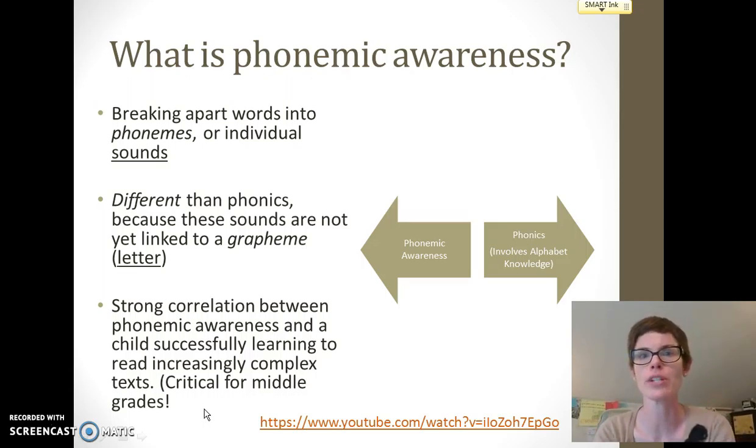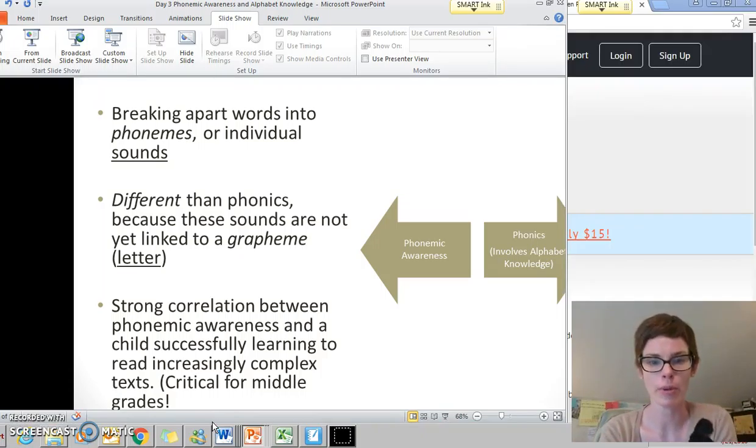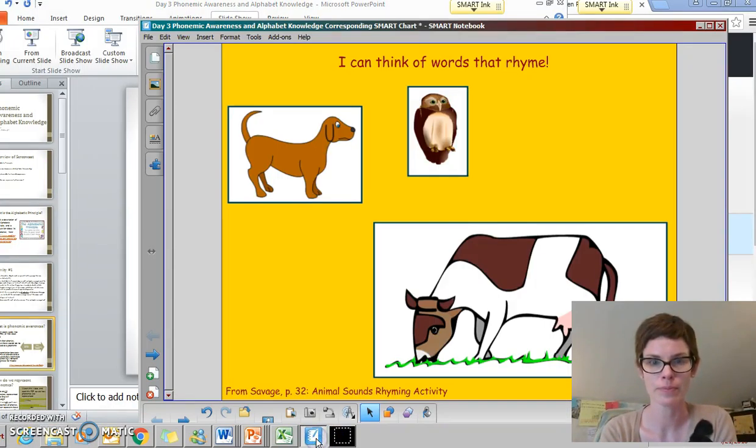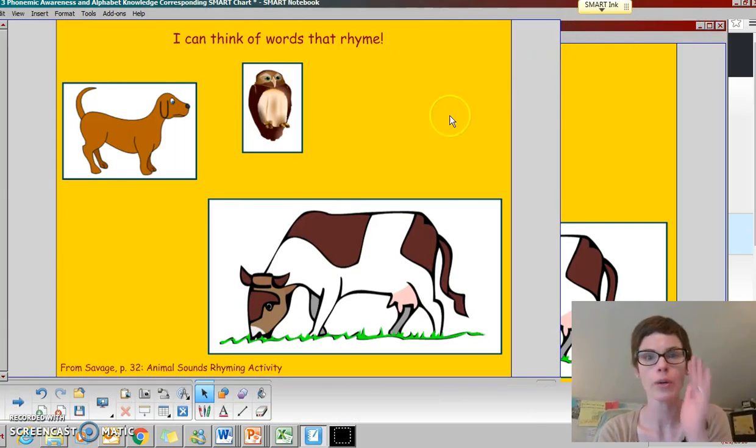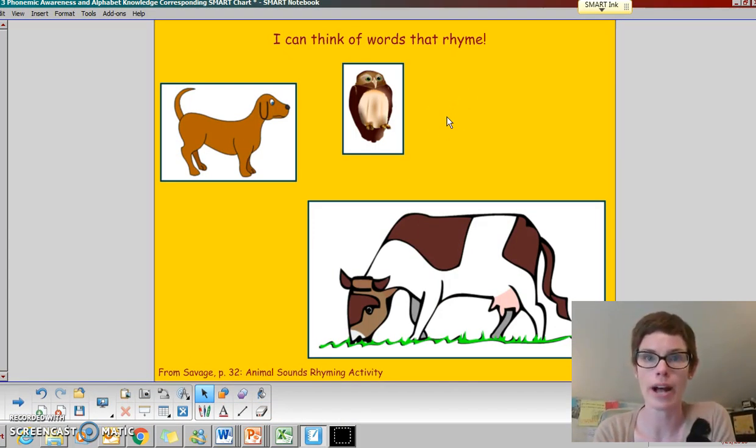Now there are two ways I want to show you a little bit more clearly what I mean by phonemic awareness. The first is I'm going to pull up this chart. We're going to look at this in class as well, but I want you to see what I mean when I say a phonemic awareness activity will not use letters.